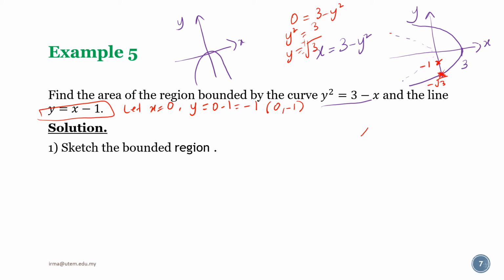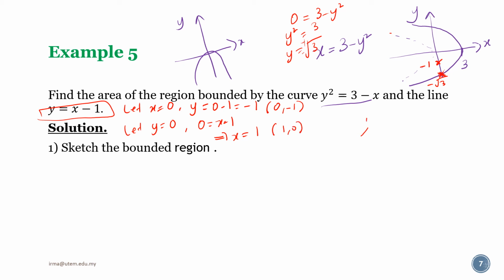Another one: if you let y equal to 0, what will happen? You have 0 equal to x minus 1, so you will have x equal to 1. The coordinate that you will get is 1, 0.